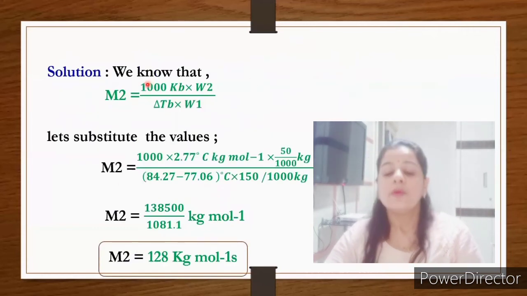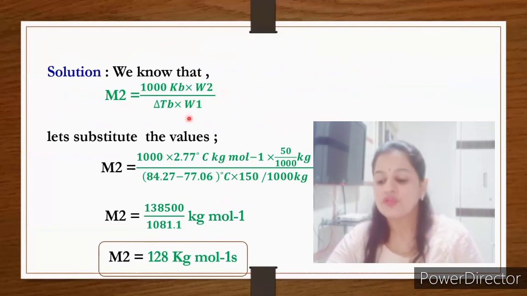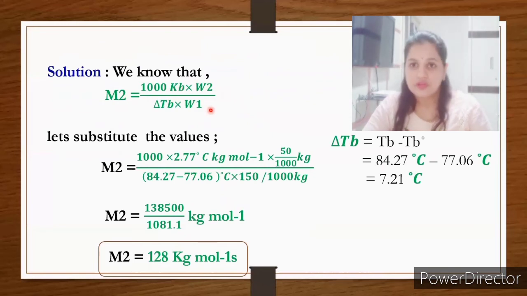So let us keep all these values in the formula and calculate. Now we know that M2, which we have just derived, is 1000 into Kb into W2 upon delta TB into W1. Let me substitute all the values.